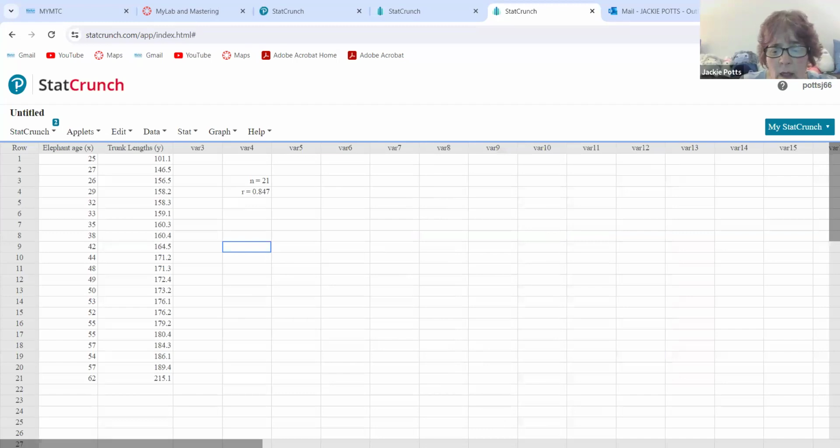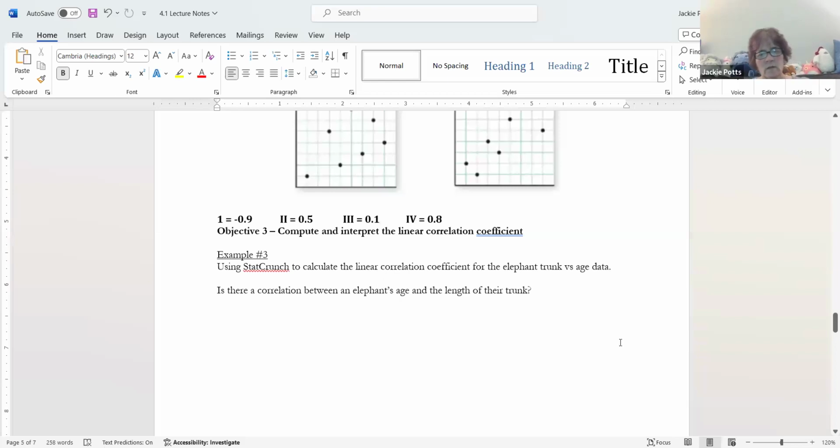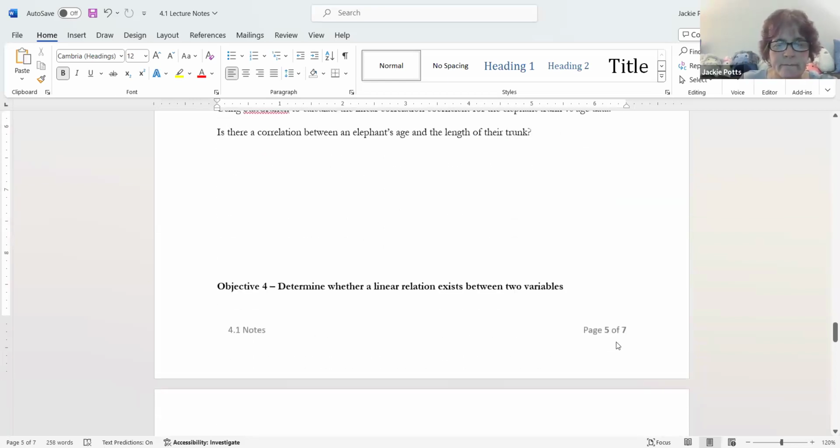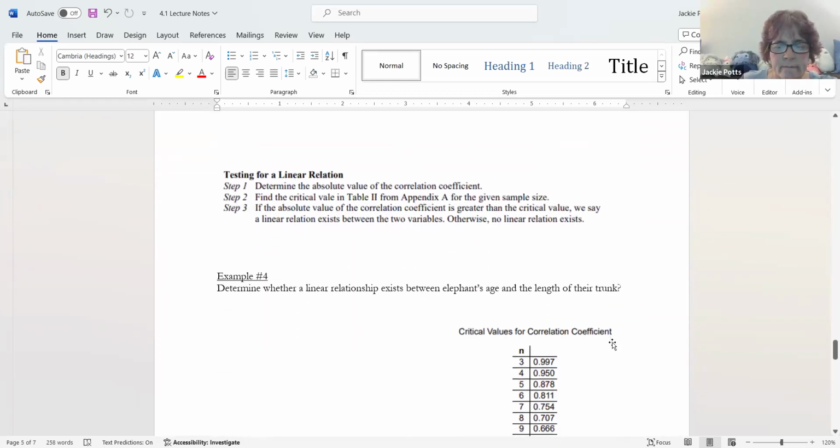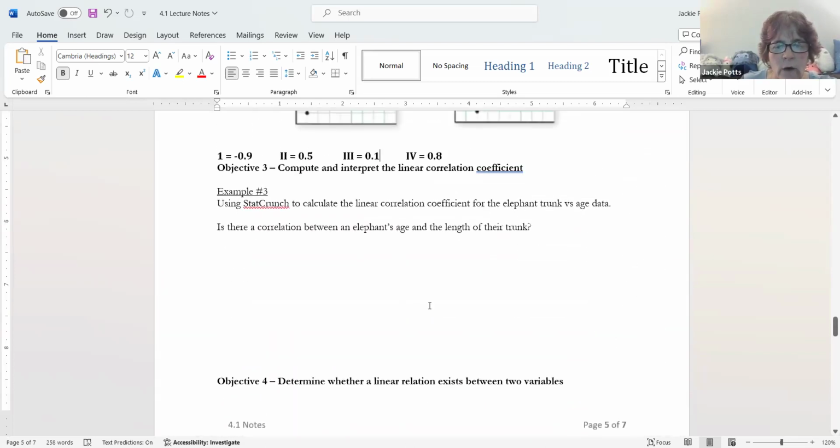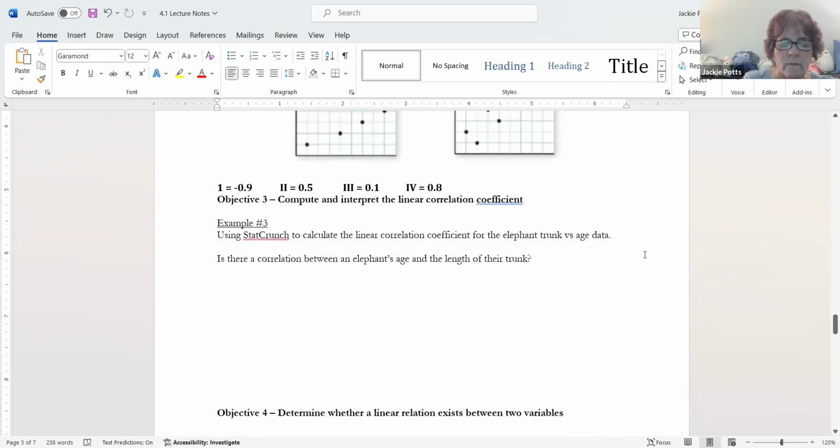All right. So let's go back to this. Is there a correlation between an elephant's age and trunk length? All right.